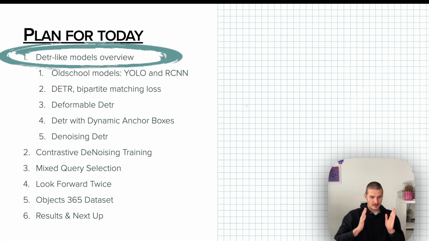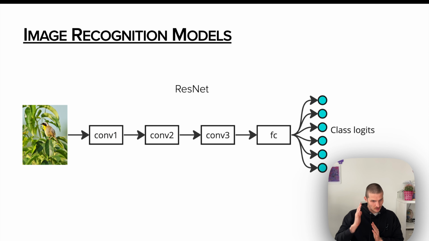Okay, so let's start with the overview. So first of all, let's say that we have a classical backbone image recognition model like ResNet. The way it works typically is we have an input image, and then we pass it through a series of convolutions, typically downsampling the image on each step, reducing the resolution, but increasing the number of channels that we use to pass around information.